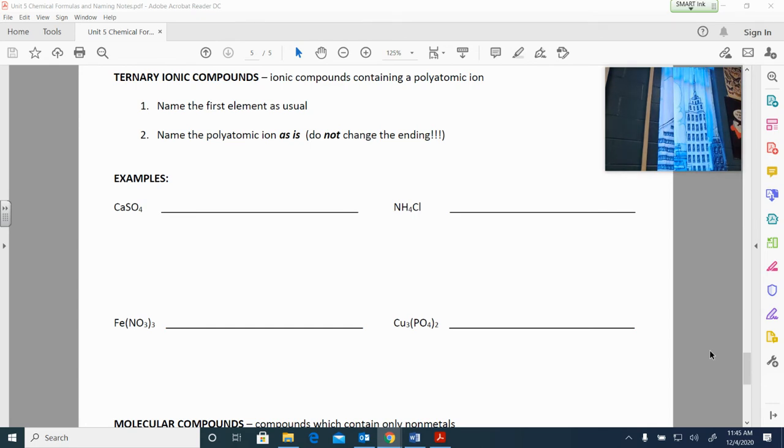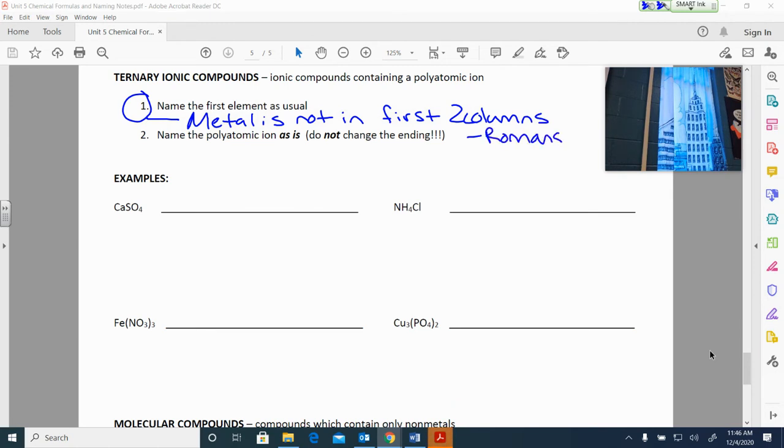All right, so the first rule is still the same. Same as yesterday, name the first element as usual, except for, I really should have added this in, if the metal is not in the first two columns of the periodic table, then it needs the Roman numerals.